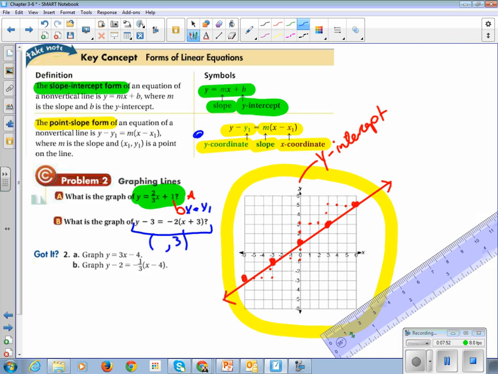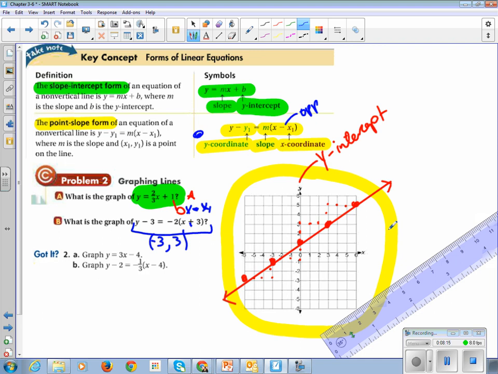Essentially, whatever I have as my x1, I'm going to do the opposite. So my x coordinate is actually -3. A little bit harder to find that one, but just remember it's opposite. It has a minus. So my coordinate is at -3, 3.